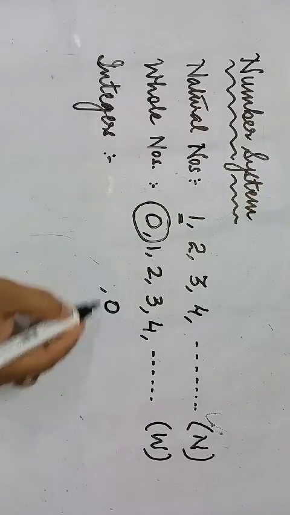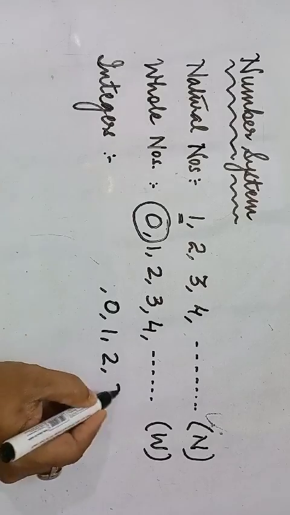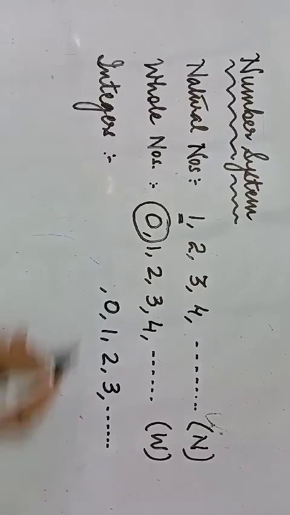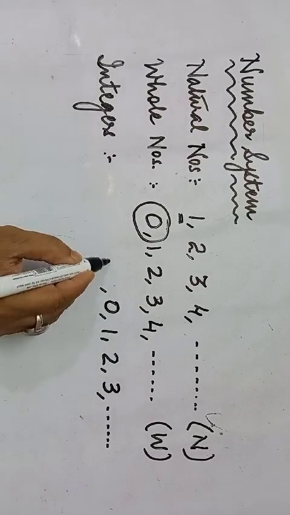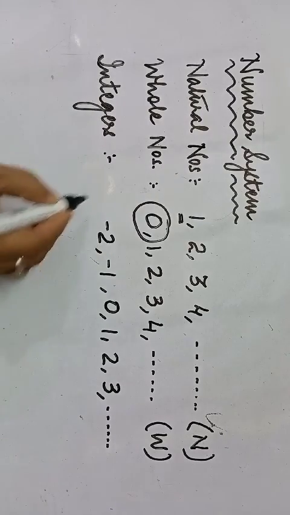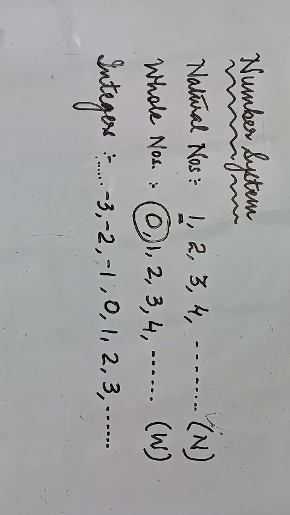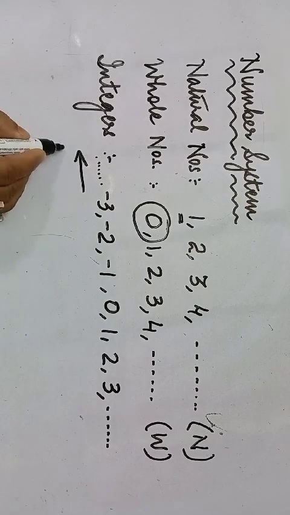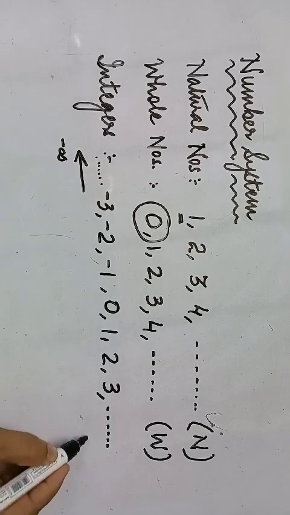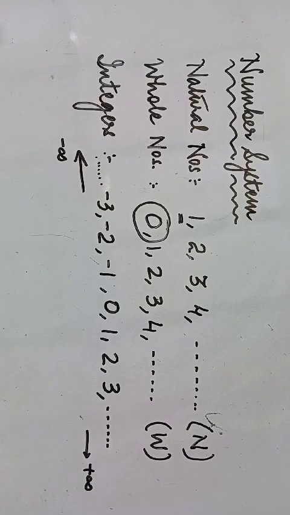To the right side of 0 you will have numbers like 1, 2, 3 and so on, whereas on the left hand side you will have numbers like -1, -2, -3 and so on. So this side you go up to negative infinity, and this side you go up to infinity.